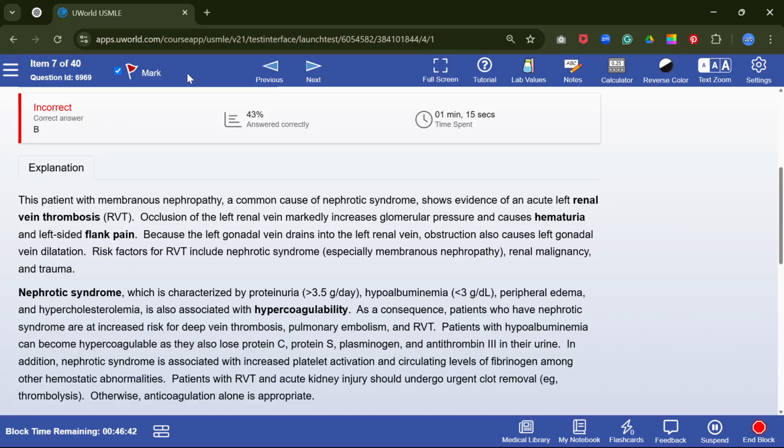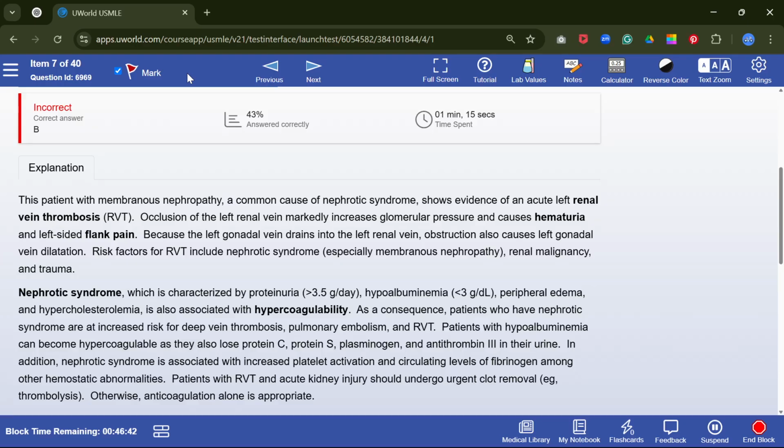Patients with hypoalbuminemia can become hypercoagulable as they also lose protein C, protein S, plasminogen, and antithrombin III in their urine.